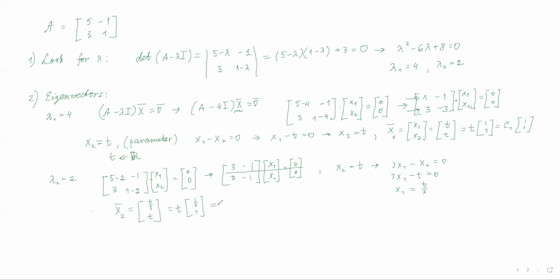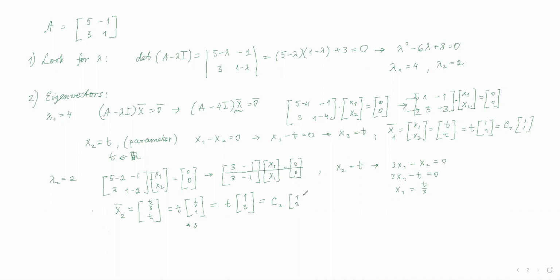And that's going to give me, again, t, and instead of 1 over 3, just 1, and instead of 1, it's going to give me 3. I just don't want to have fractions. And of course, because I don't like to have a general parameter t, I want to have a constant, and I'm going to use a different name for the constant just to make a difference between this constant and that constant, because these are two independent constants.